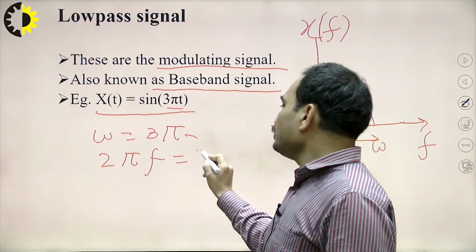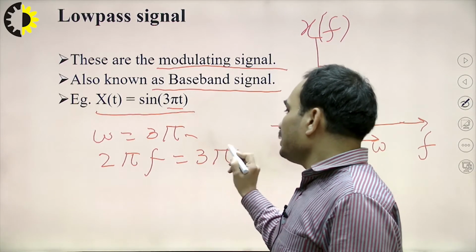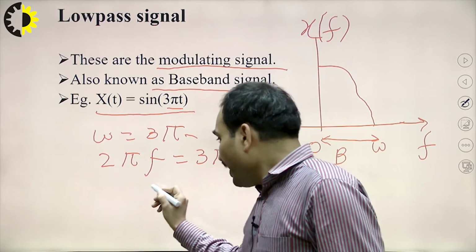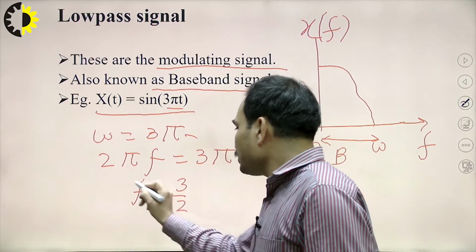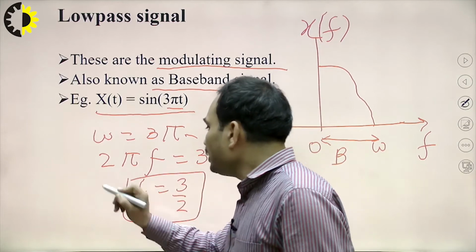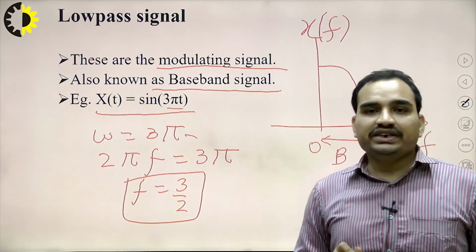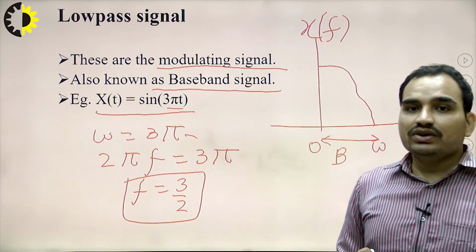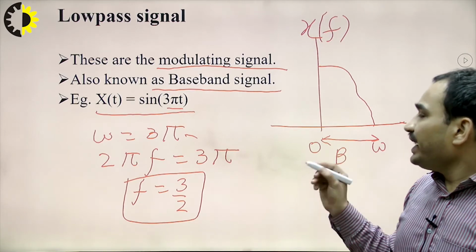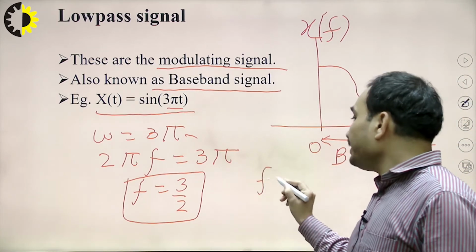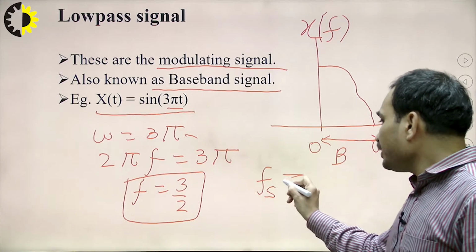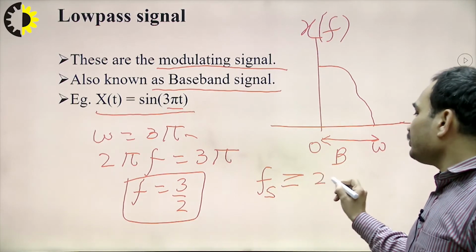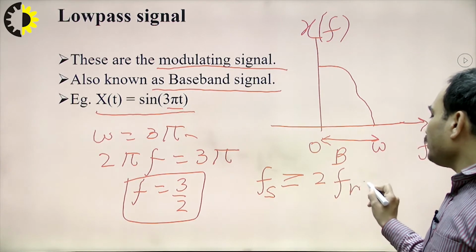that is equal to 3 pi. So the value of f is equal to 3 by 2. According to the Nyquist criteria of the sampling theorem, fs, that is the sampling frequency, should be greater than or equal to twice the maximum frequency of the signal.